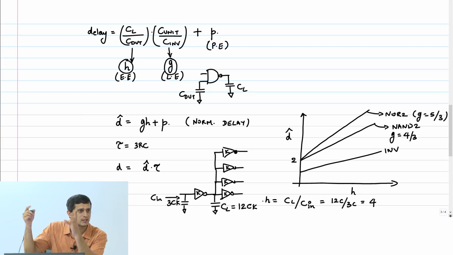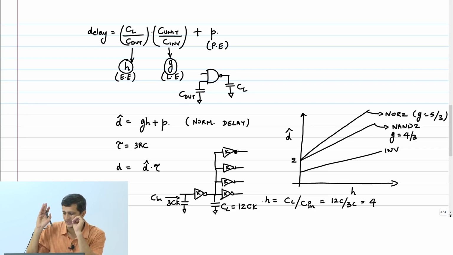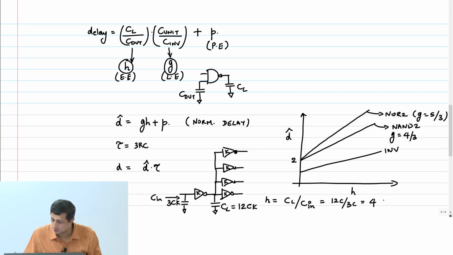Other things are just constant irrespective of the gate size. So if you write this, you will find that this also goes up. The H will be 12kC by 3kC, that's again equal to 4.